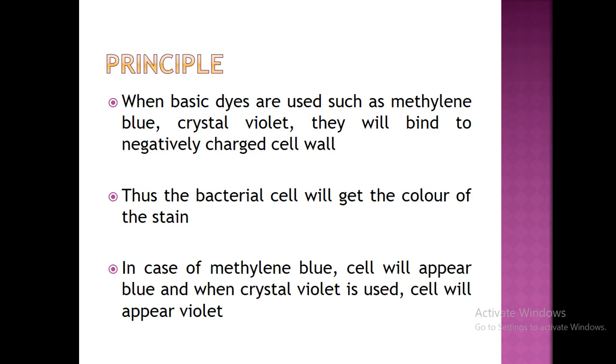There will be an attraction between the positive charge on the stain and the negatively charged bacterial cell wall. So, if methylene blue is used, the bacterial cells will appear blue, and if crystal violet is used, the bacterial cells will appear violet because the color of crystal violet is violet. This is the simple principle behind simple staining.